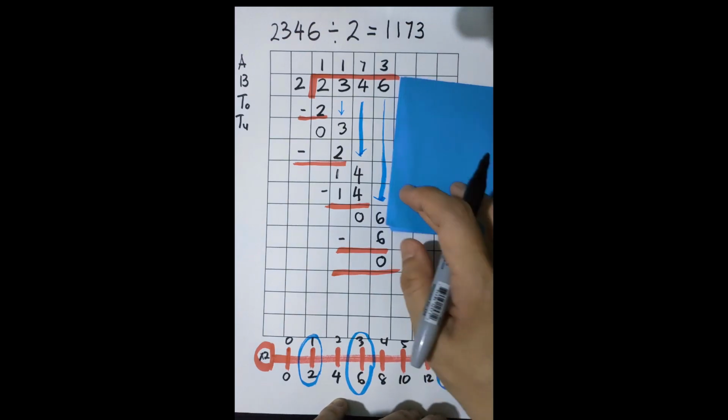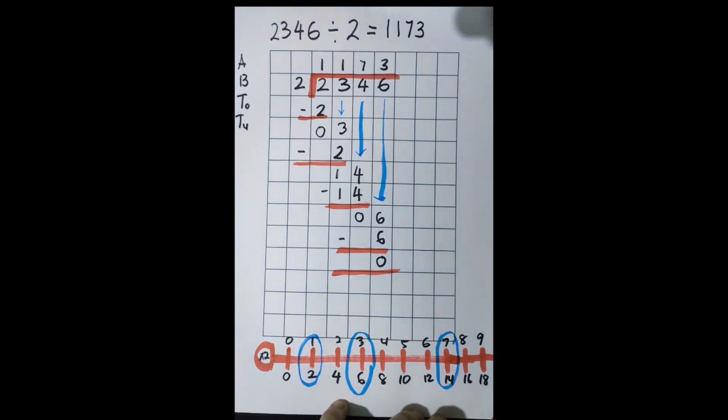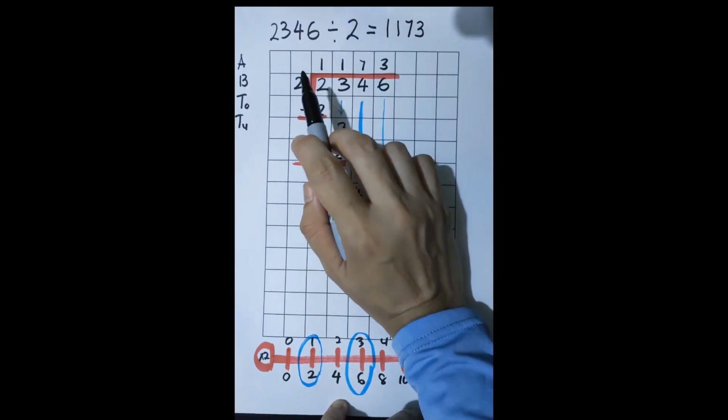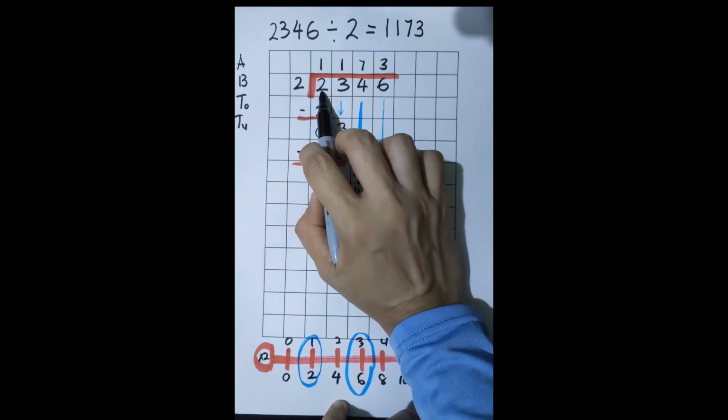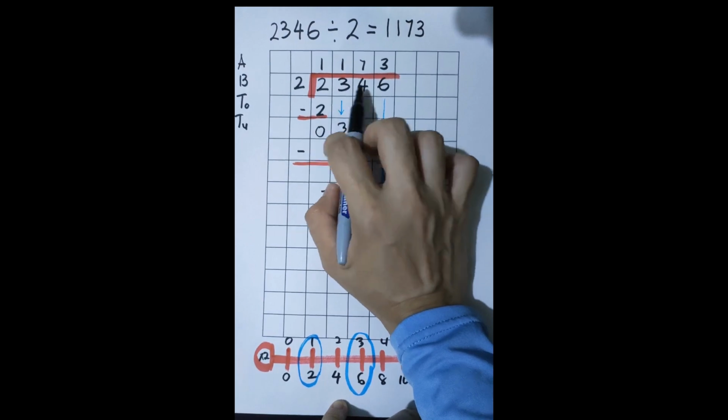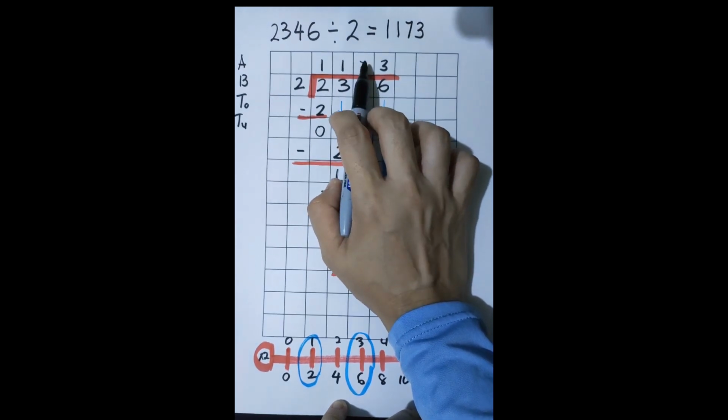How can you check whether your answer is correct or not? You can check by using multiplication because we know that division is the inverse of multiplication. So when you multiply 1,173 times 2, you will get 2,346. If you get this answer, then your answer in division is correct.